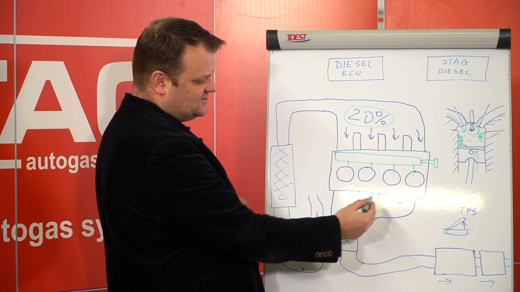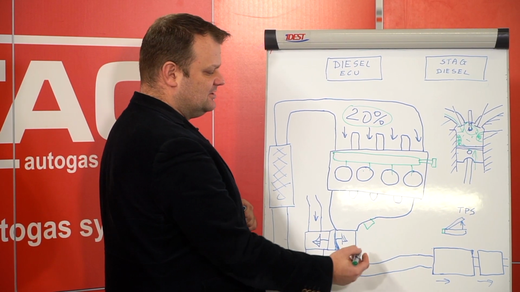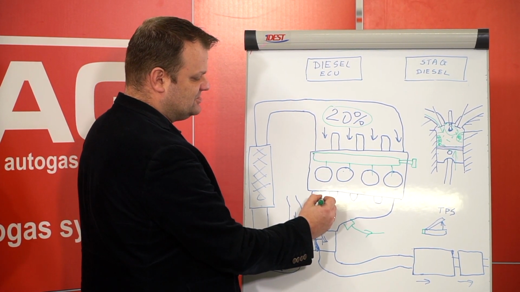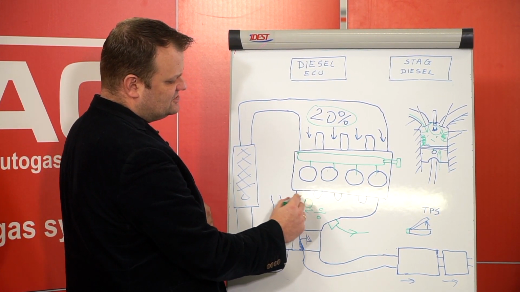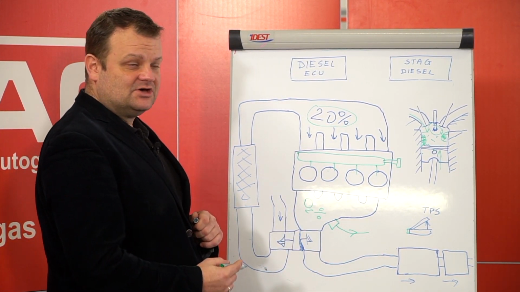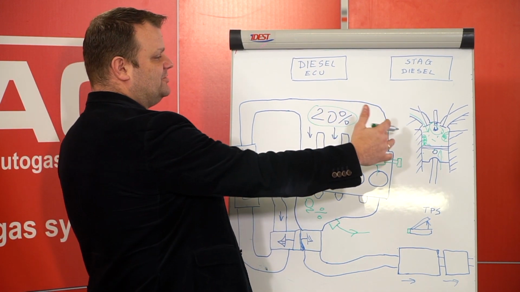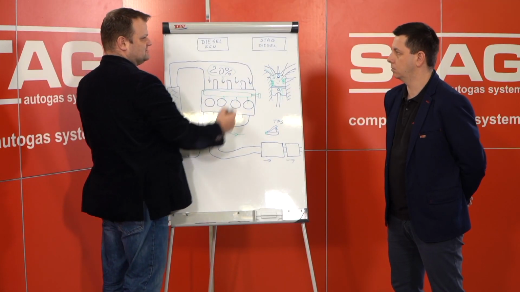So we have an exhaust manifold, and then we should install the lambda sensor and give this information about the oxygen level. Yes, what's the percentage of the oxygen level in the exhaust gases, to be sure the algorithm works and the mixture in the cylinder is proper. So this information goes to the STAG Diesel ECU.